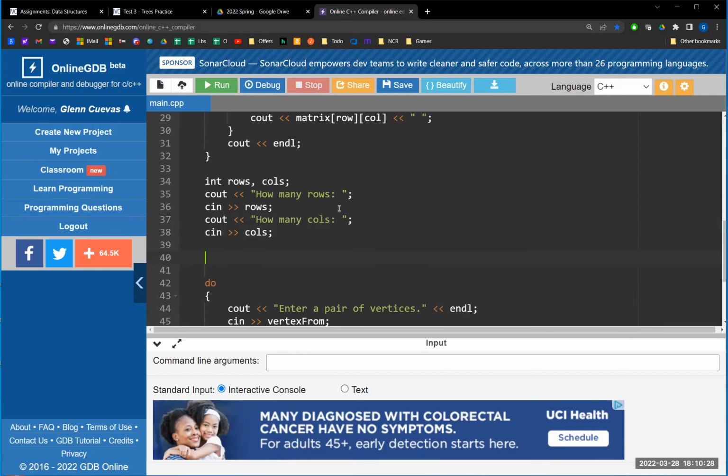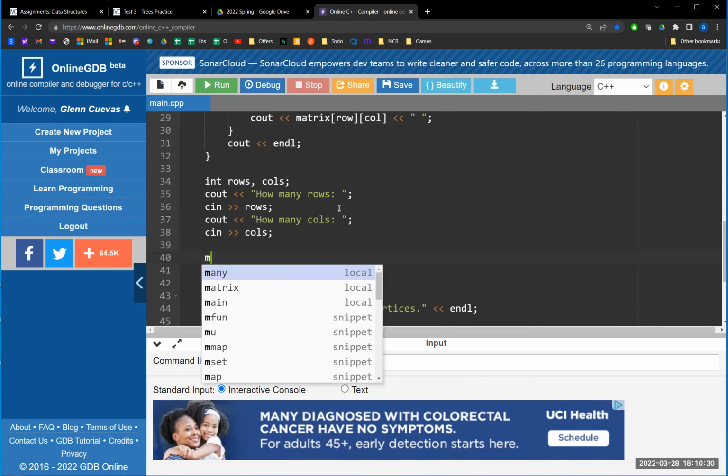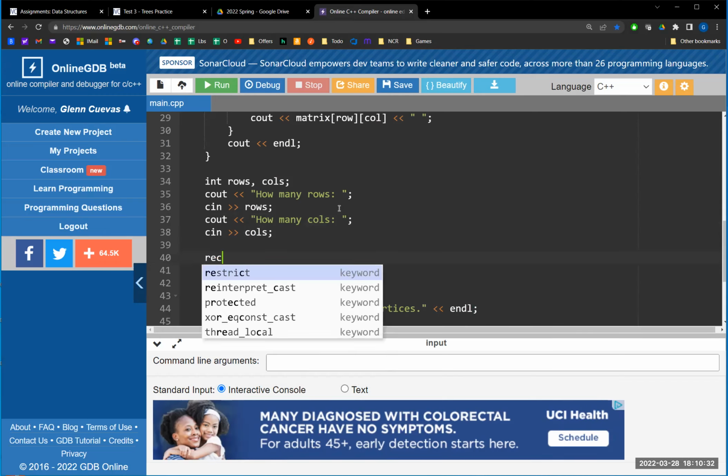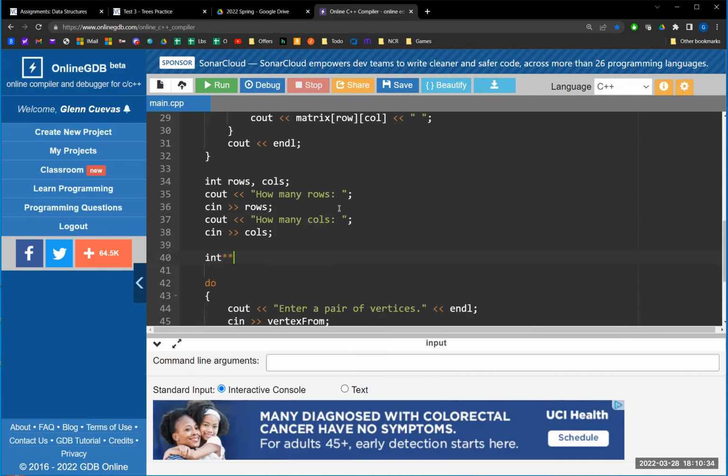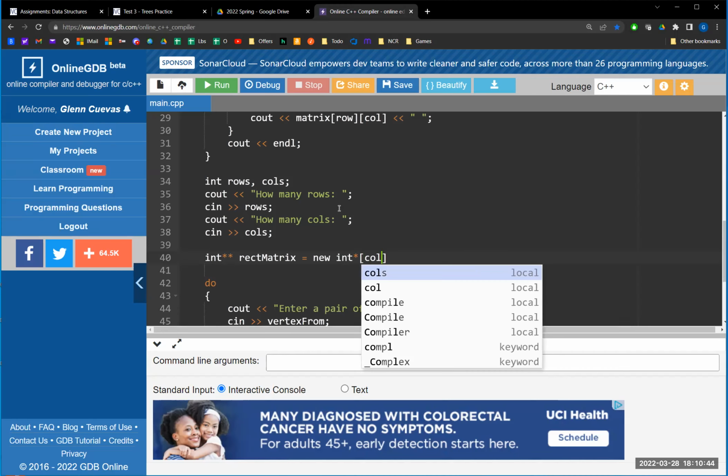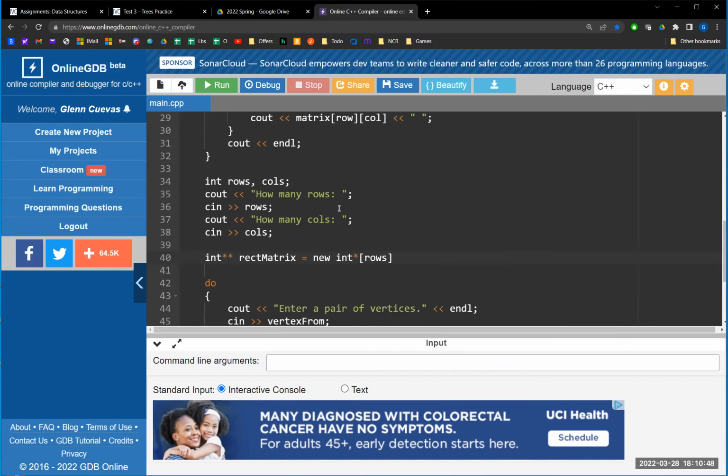It's still a star star int array, with however many rows there are, and each of those would have that many columns.